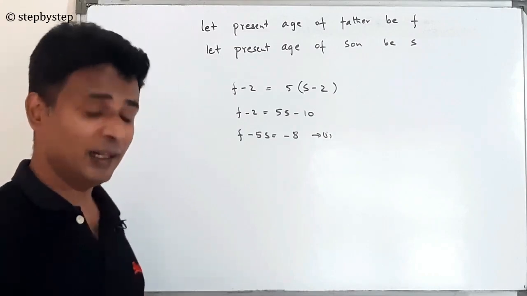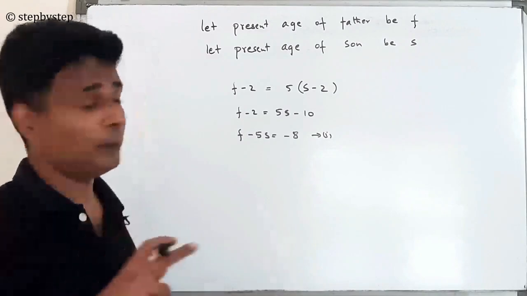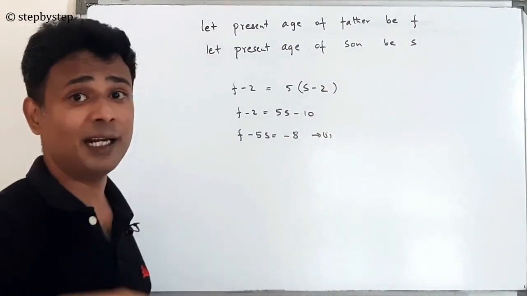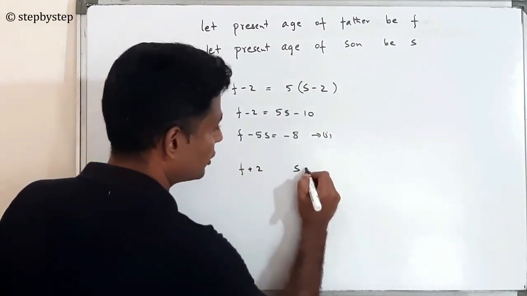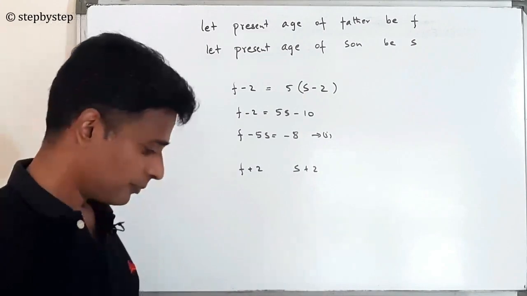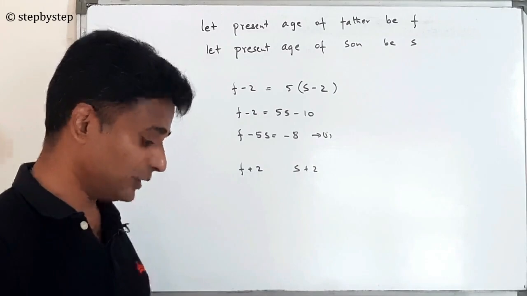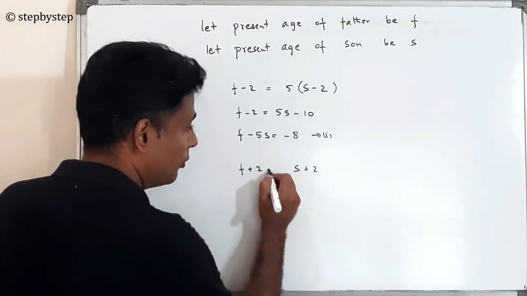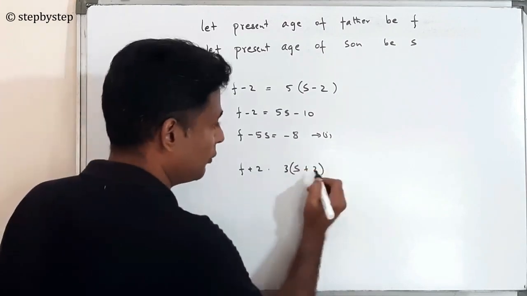Now what is the second thing they have told? 2 years later. Now their present age is f and s. What will be their age 2 years later? Father's will be f plus 2, son's also will be s plus 2. Right? His age will be 8 years more than 3 times the age of his son. So this guy's age will be 8 more than 3 times the age of his son.